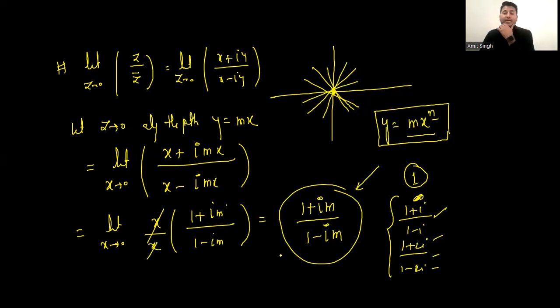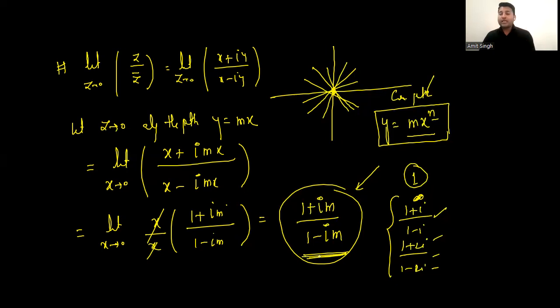So in short, I have to tell you that when you take the general path, for the origin, it also depends on the point. So for 0, this is the general path. And through the general path we are getting a limiting value which depends on m.